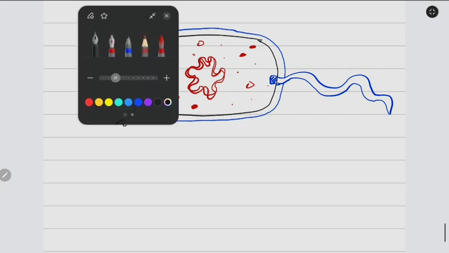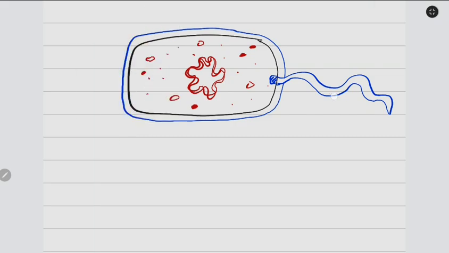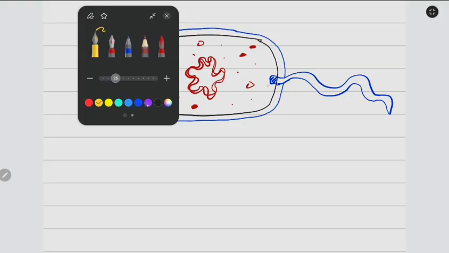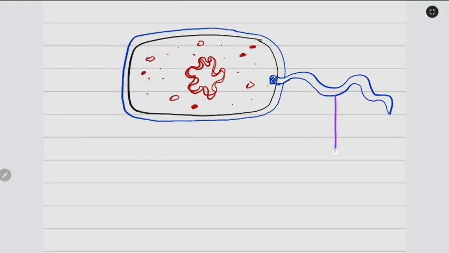Let's label it. Okay, so this is flagellum. This doesn't look good. Let me change the color. Okay, so this is flagellum. This is cell membrane, which is the main barrier, controls the traffic in and out of the cell.